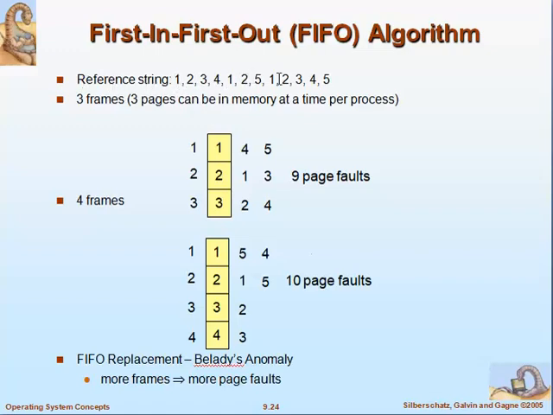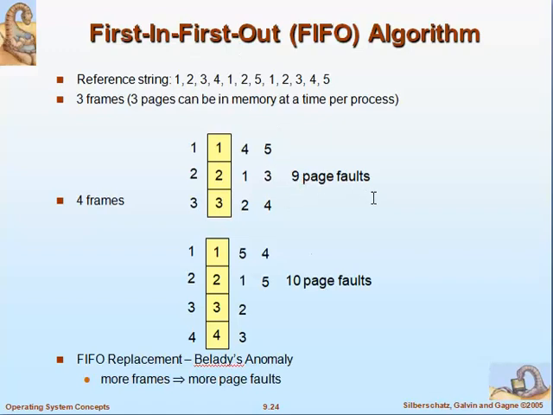This is the order in which pages are requested. We have 3 frames, so 3 pages can be in memory at a time per process. 3 frames means we can have a maximum of 3 pages for a particular process. We will see that when we use this algorithm, there are about 9 page faults.